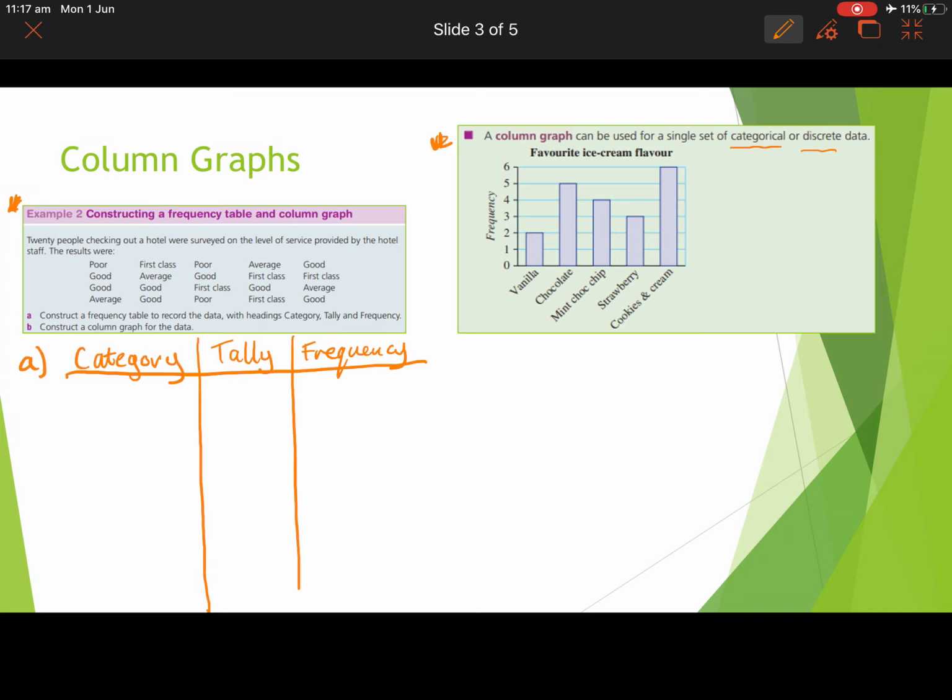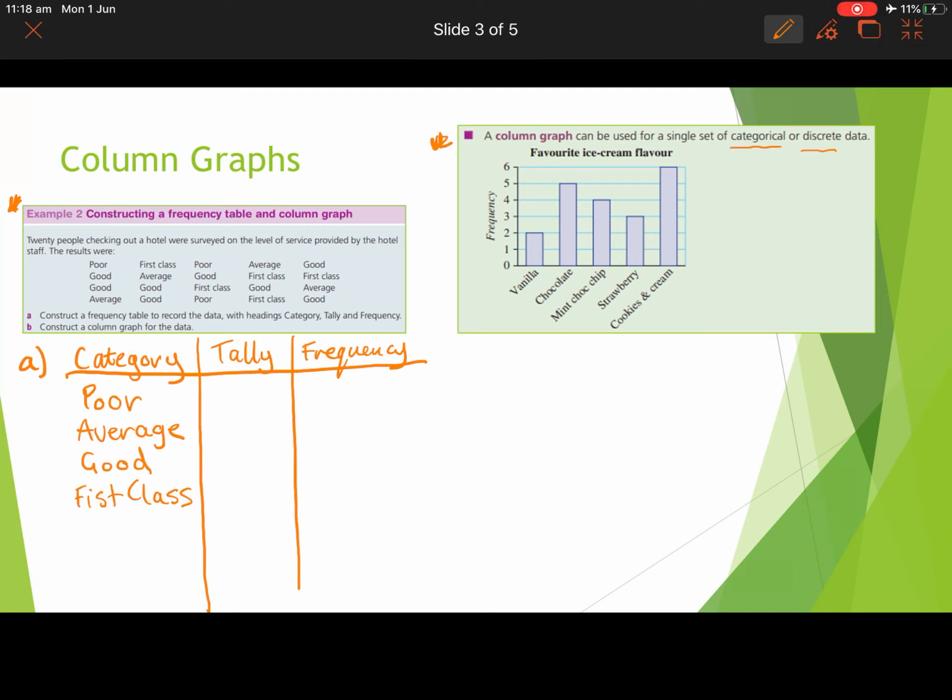So the worst service that people gave reference to was it could be poor. Another one is average. So we're just putting all the options here. We've got good. What else do we have? And first class. Okay, so there are 4 different options here.